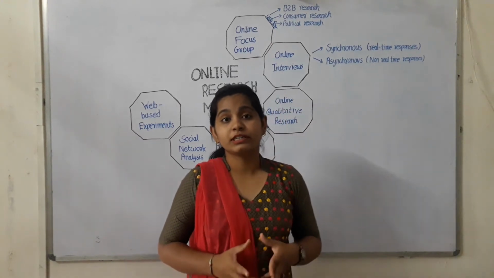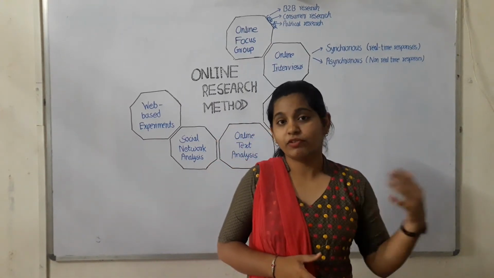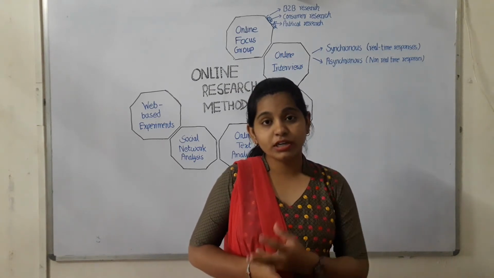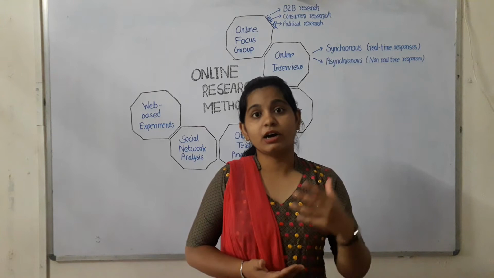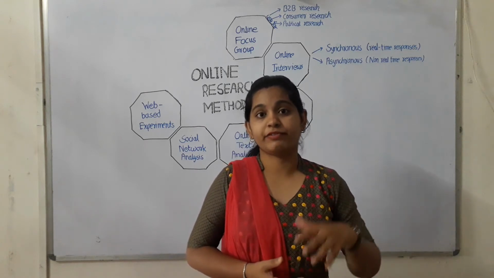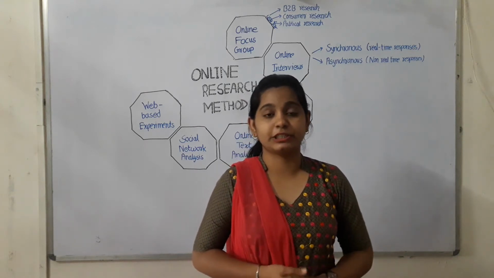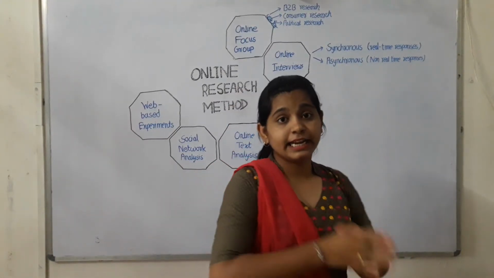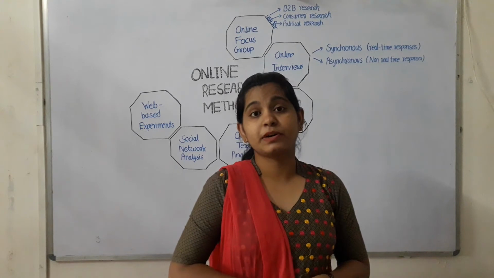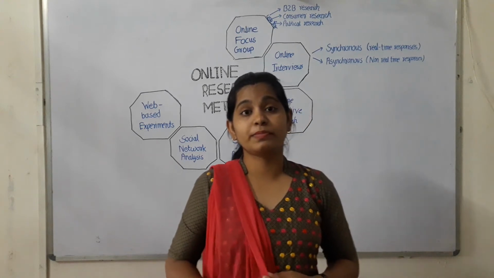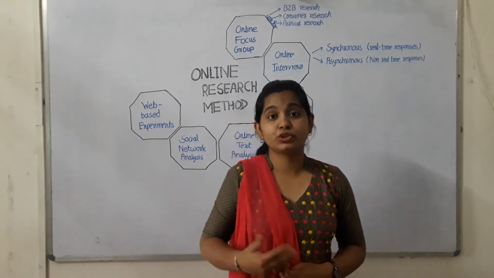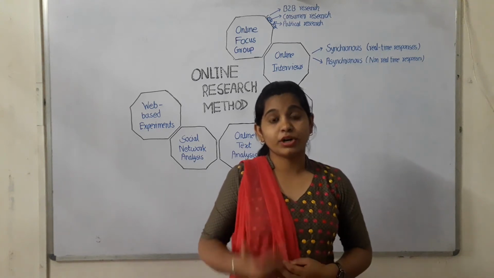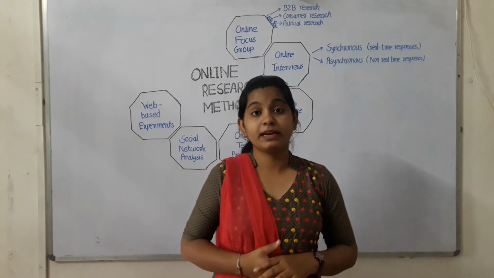Online focus group is similar to the offline focus group, but here the focus group discussion is carried out using an online platform or the internet. Here there are about 10 to 14 experts who represent a group of people showing particular characteristics, and they share their point of view on a particular topic.